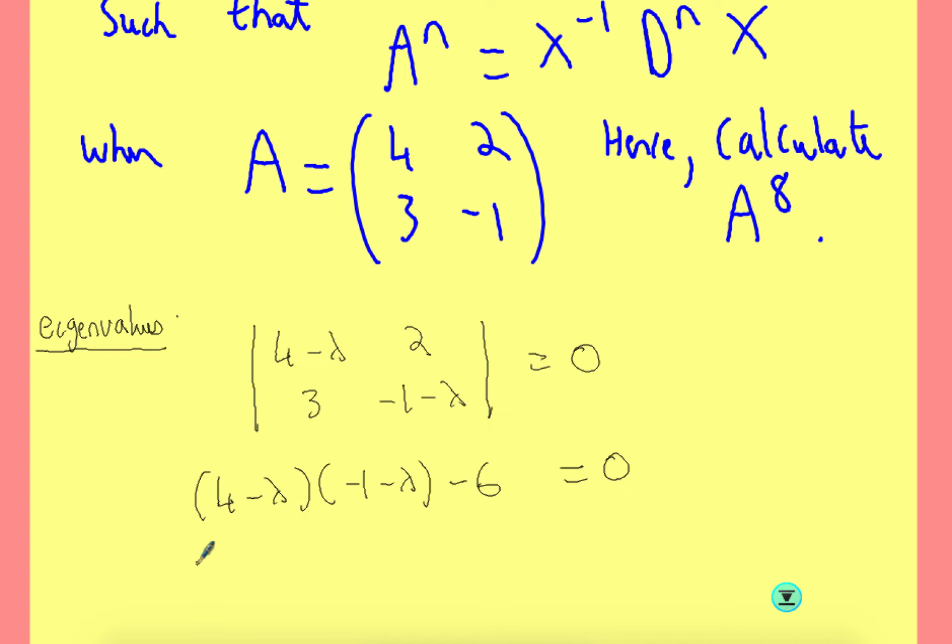Multiply that out: negative 4 take away 4 lambda plus lambda plus lambda squared take away 6 is equal to 0. I'm going to write this down before I move the screen in case it messes everything up. So that means I've got lambda squared take away 3 lambda take away 10 is equal to 0.